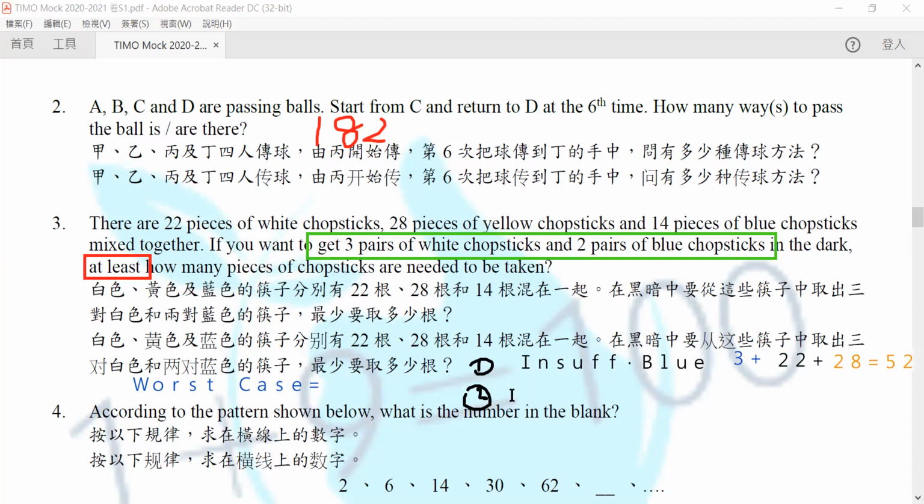The second situation, which can also be a worst case scenario, is insufficient white.